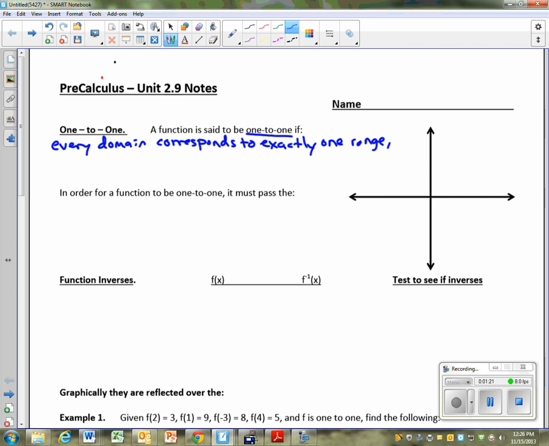So first we define that it's a function, and every range corresponds to exactly one domain.